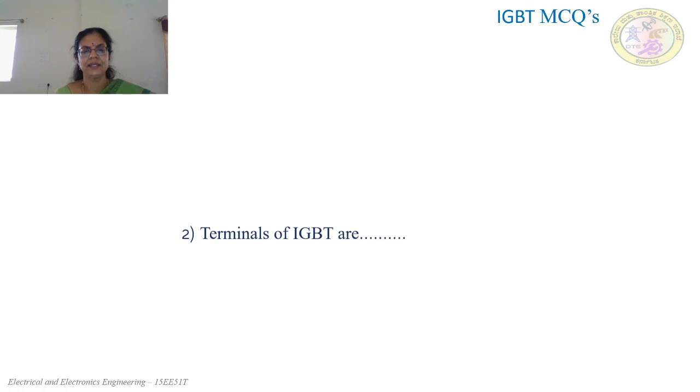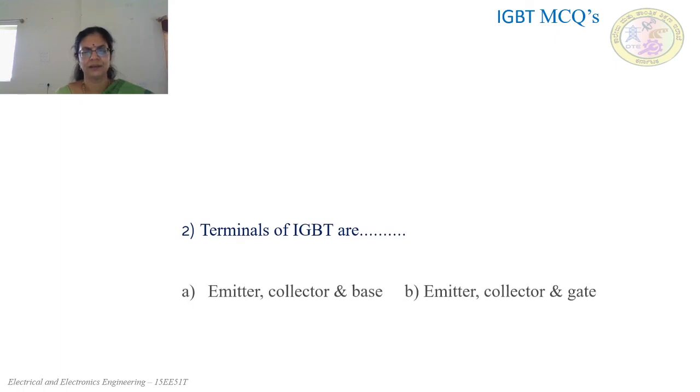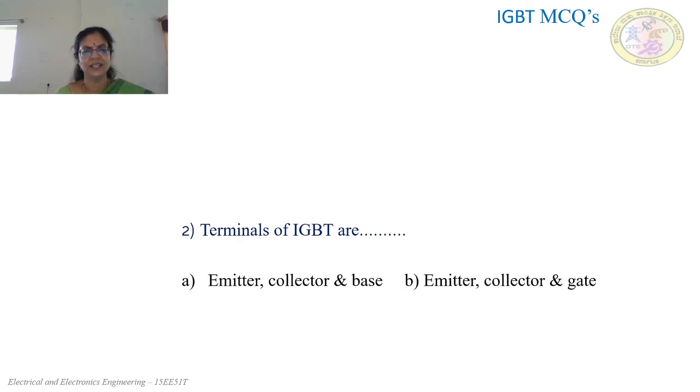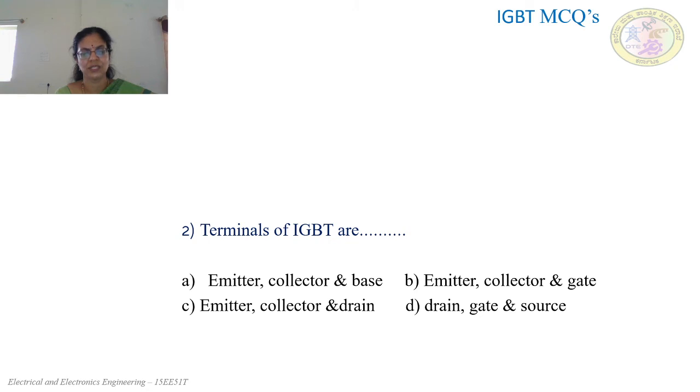Next question. Terminals of IGBT are, as we have just discussed, emitter collector base, emitter collector gate, emitter collector drain, drain gate and source. Answer is emitter, collector and gate, that is option B.